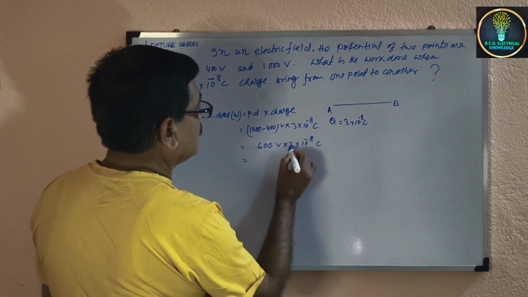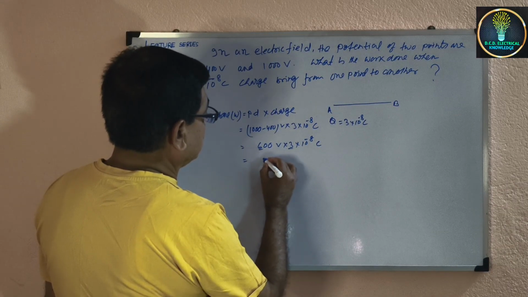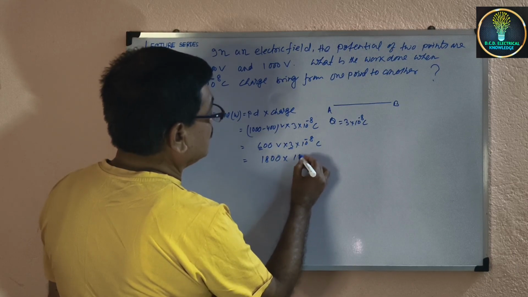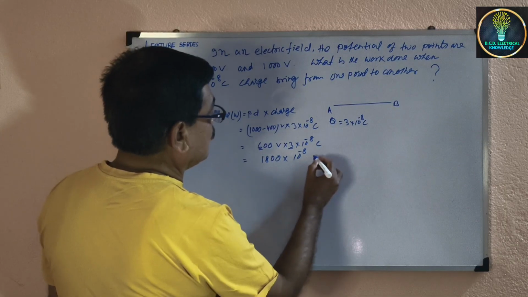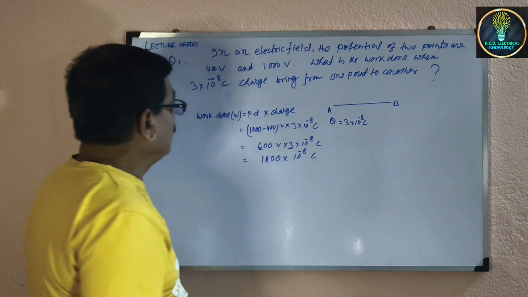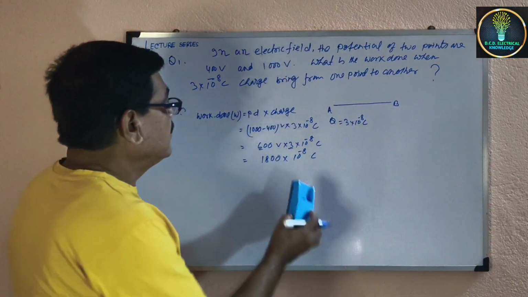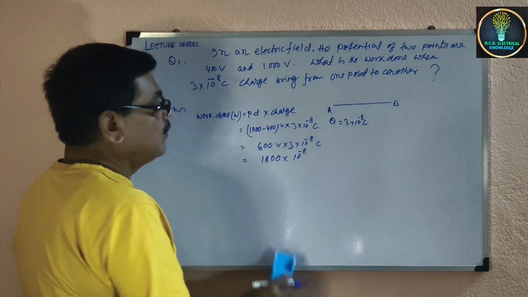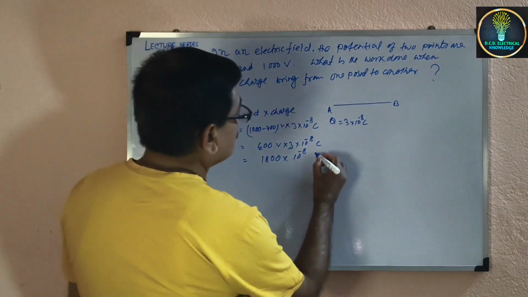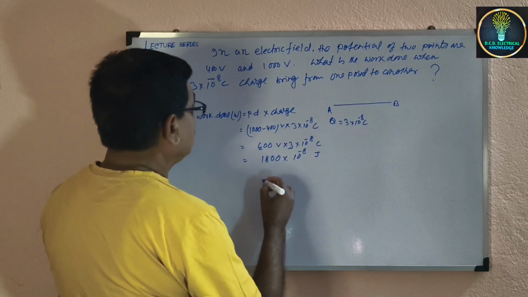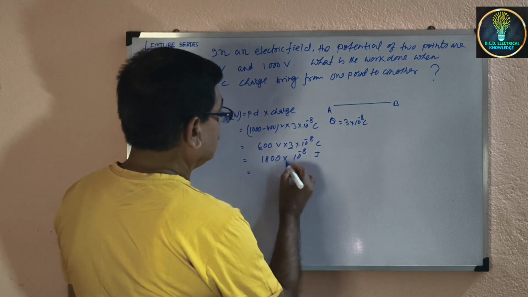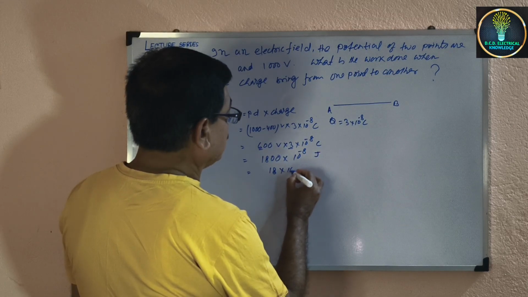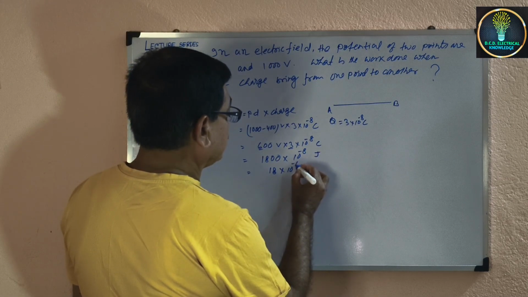So it comes to 3 multiplied by 6, 18 multiplied by 10 to the minus 8, coulomb and volt. So this unit is joule for work done. So it comes to 1.8 into 10 to the power minus 6 joule.